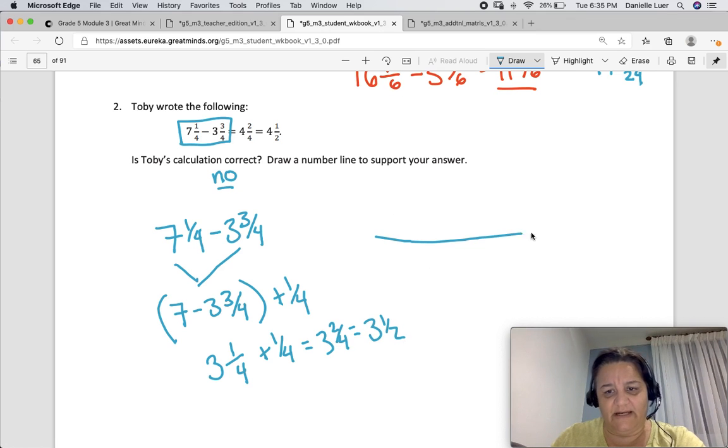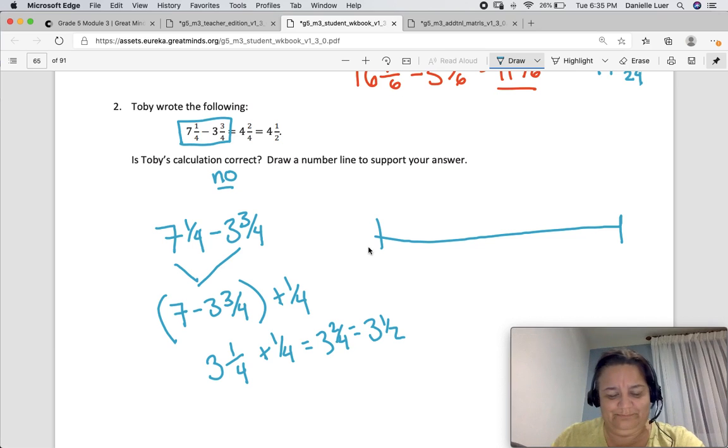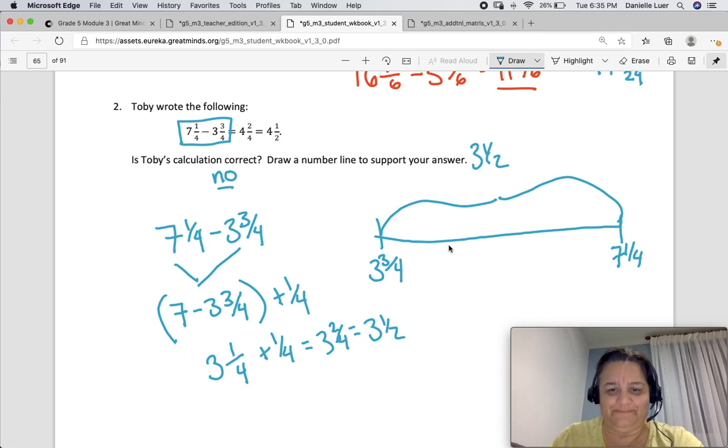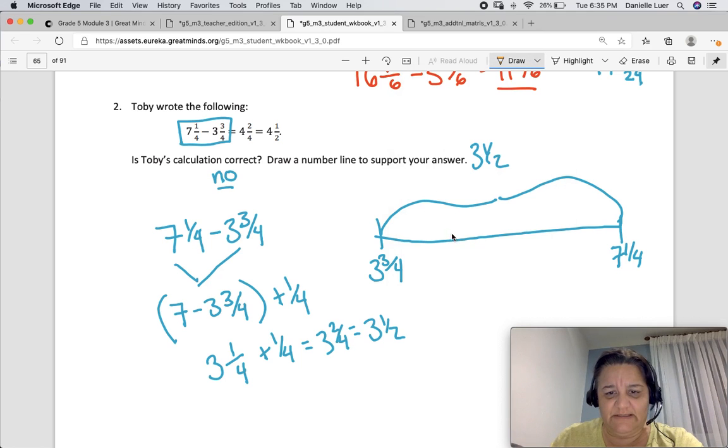So let's try that on a number line. Okay, so 3 and 3/4 is what we're subtracting from 7 and 1/4, and we need to prove that in between here, does this equal 3 and 1/2? Let's find out. Switching colors. 3 and 3/4, that would be 4 and 3/4.